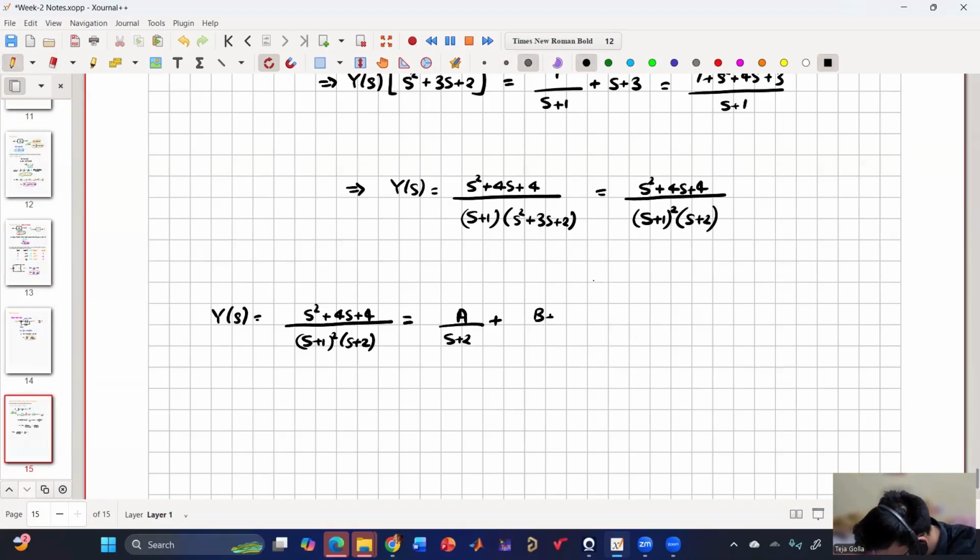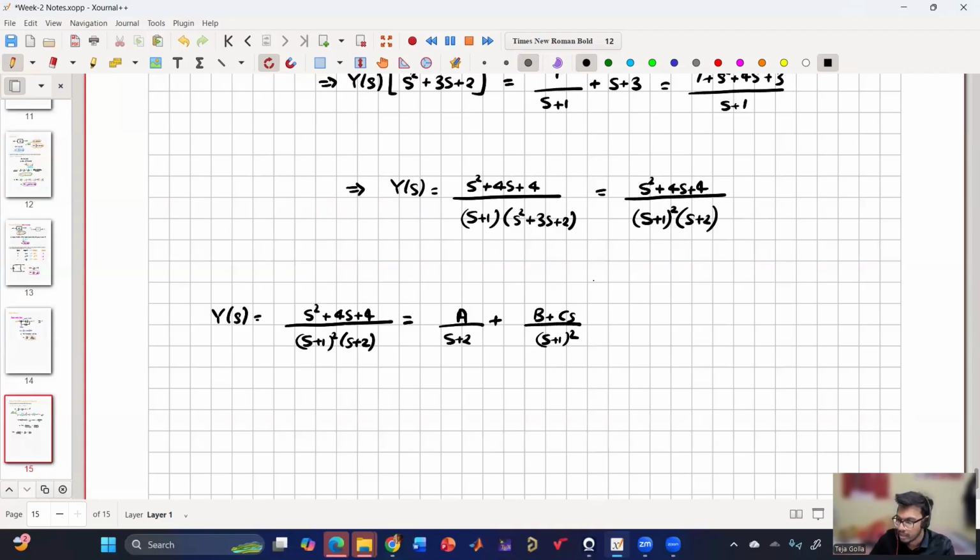So b plus cs by (s plus 1) whole square. Clear? This is the way we do partial fractions. If the denominator is first order, numerator will be zeroth order. If the denominator is second order, then the numerator will be first order. Clear till this point?